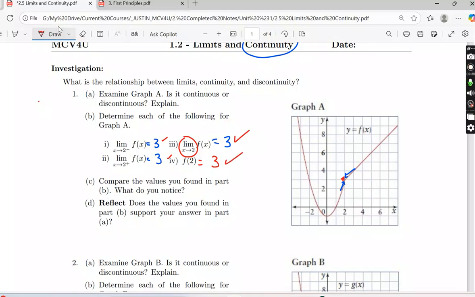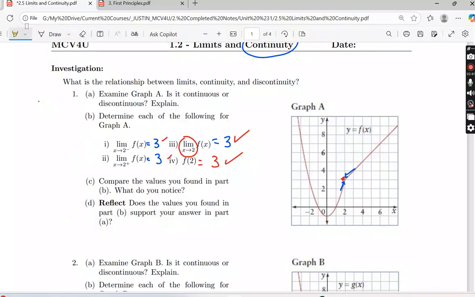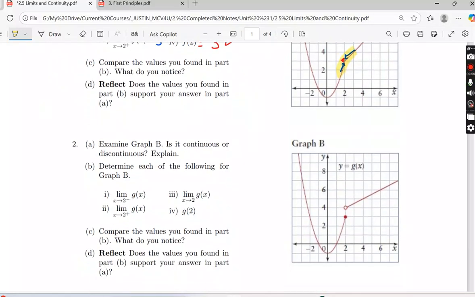By meeting this criteria, what this is saying is this section of the graph at x equals 2, okay, this part is indeed continuous. Okay, so this highlighted part, at no point did I have to lift my pen off the paper at x equals 2 in order to complete this section of our function.